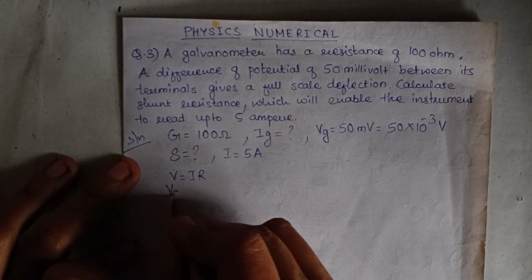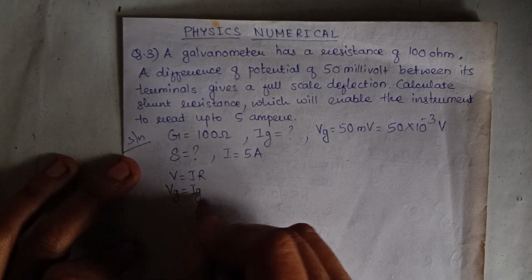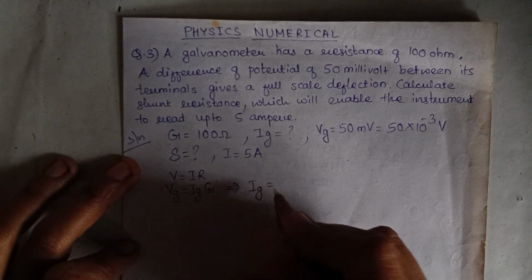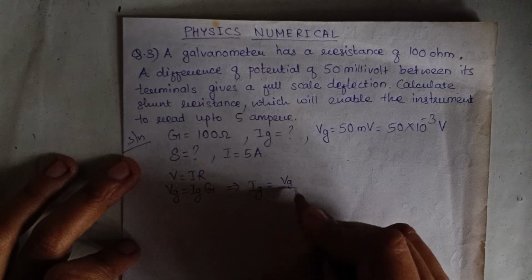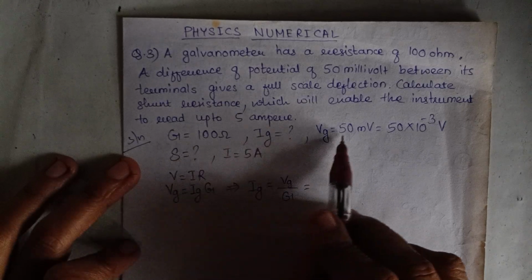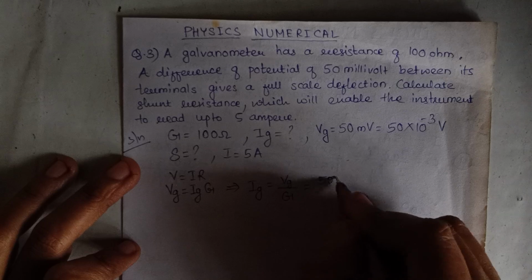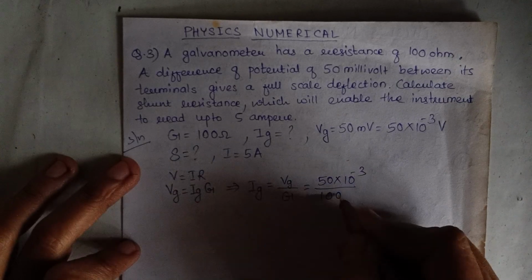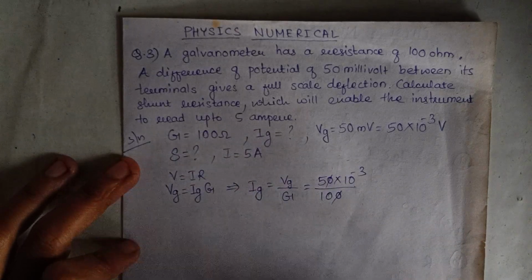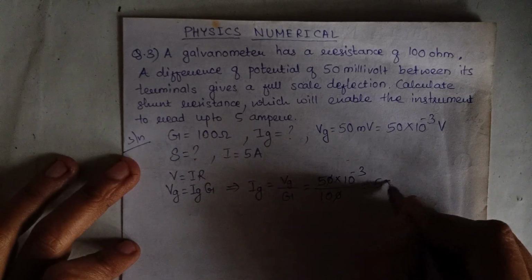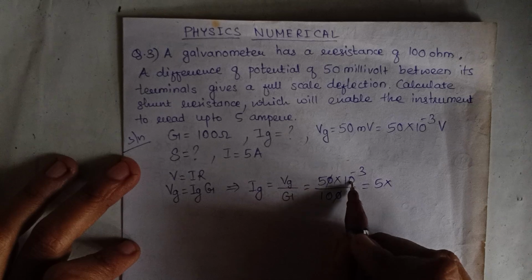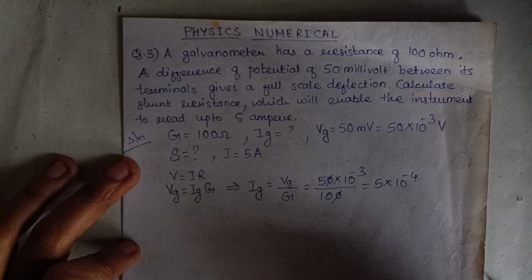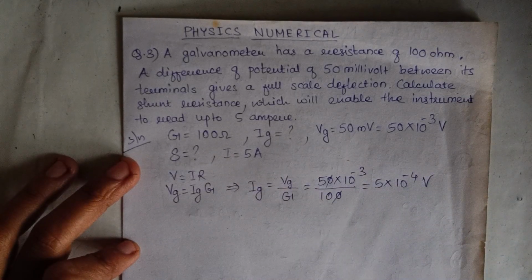So we can write Vg equal to Ig into G. So Ig is Vg upon G. Vg is 50 into 10 raised to minus 3, and this is 100. This becomes 5 into 10 raised to minus 4.